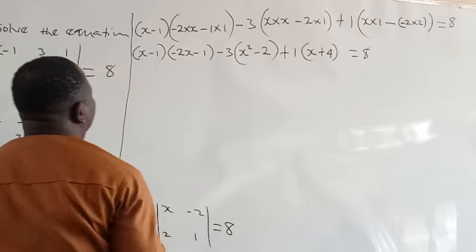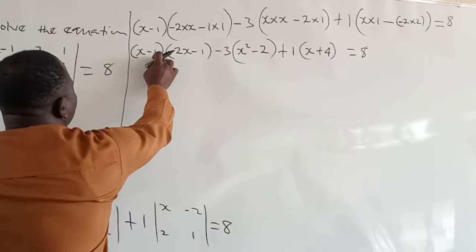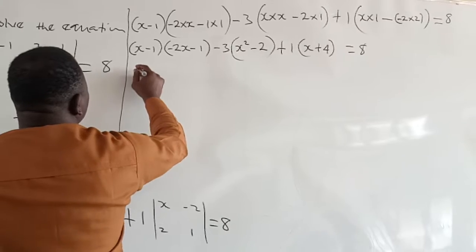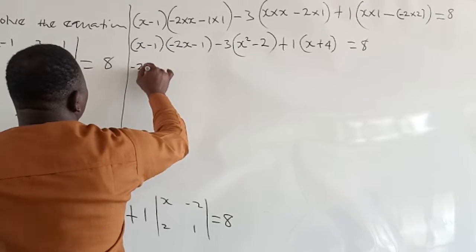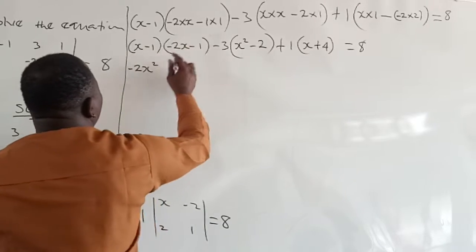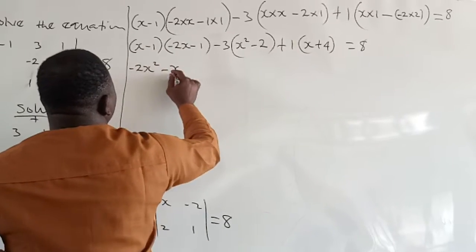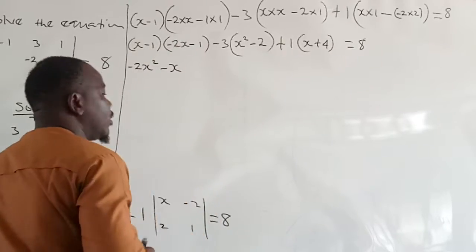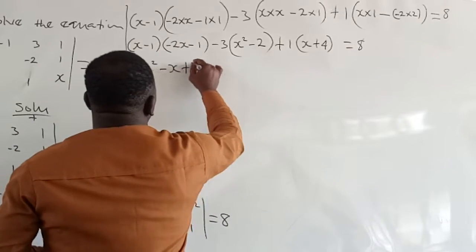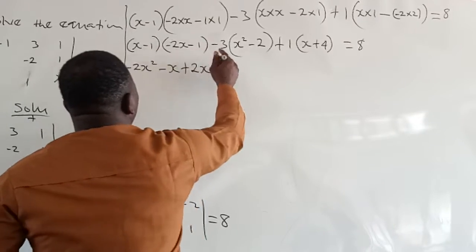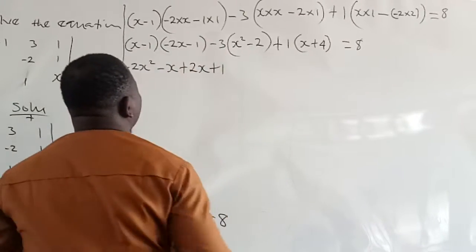If we multiply out this bracket, x times minus 2x will give us minus 2x squared. x times minus 1 will give us minus x. Minus 1 times minus 2x will give us plus 2x. Then minus 1 times minus 1 will give us plus 1. Is that clear?